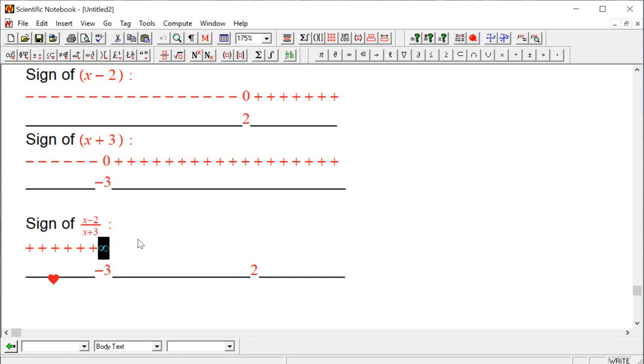The other is to just put a cross, meaning undefined. Between negative 3 and 2, we are doing negative divided by positive, so those are negative. At 2, we have 0 divided by a positive number, so 0 is in the numerator and the result is 0. Larger than 2, positive divided by positive is positive.